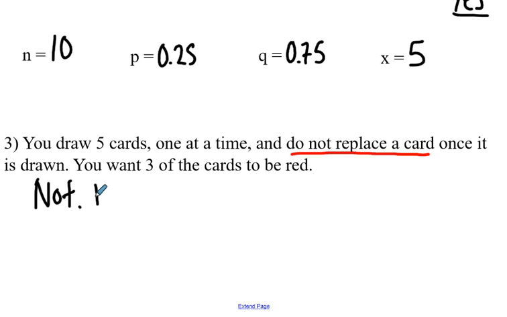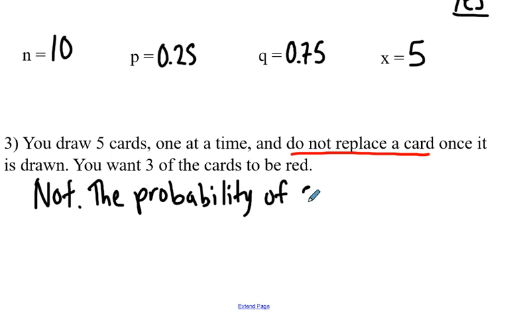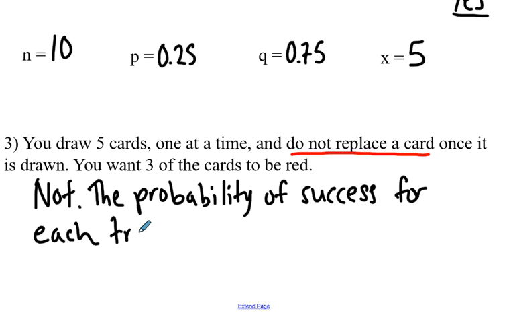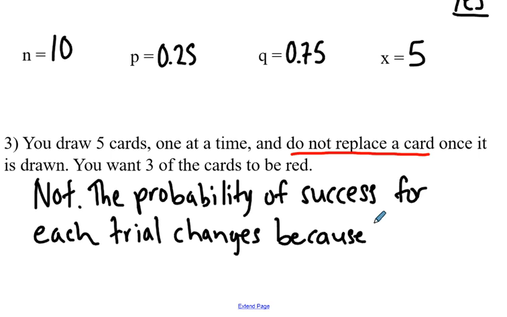So the probability of success for each trial changes because you're not replacing. And so because each trial doesn't have the same likelihood of success, this is not going to be a binomial experiment. You have to use different techniques in order to calculate that probability.